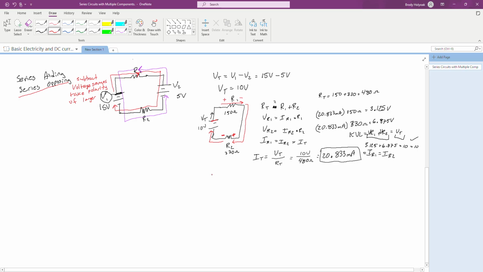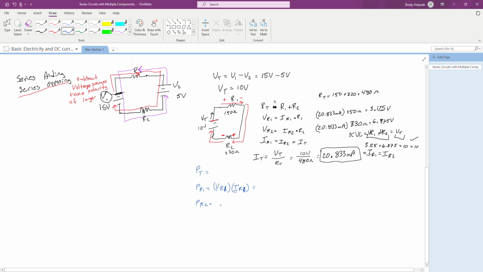The only thing I really need now is my powers. So if I go through and solve for those, so my power total, my power of R1, my power of R2. So we're going to start with R2. So we're going to have the voltage of R2 times the current of R2. Sorry, R1, not R2.